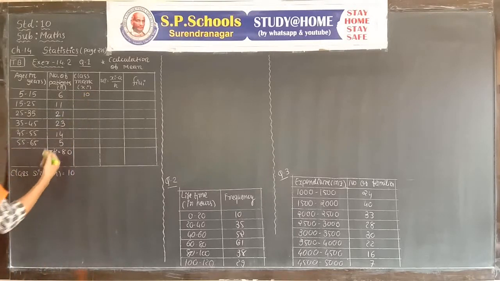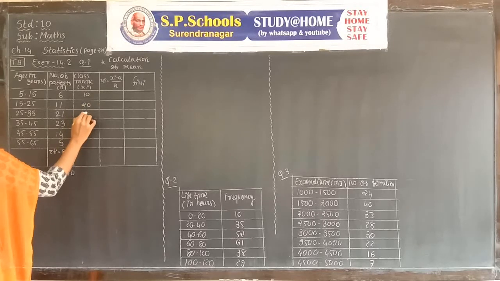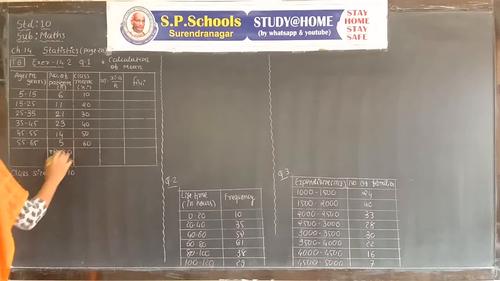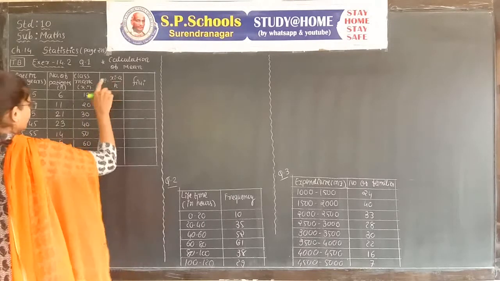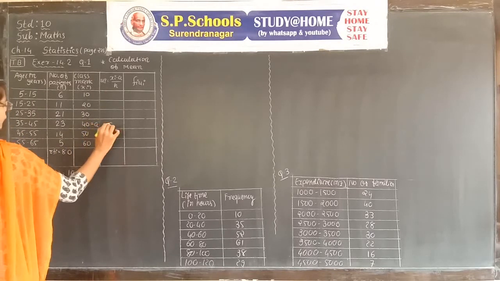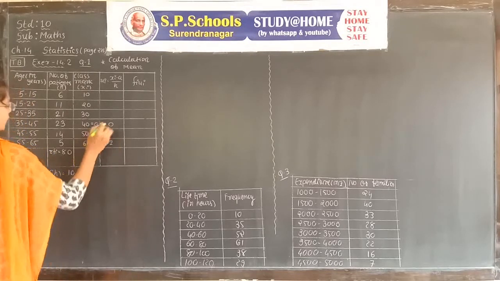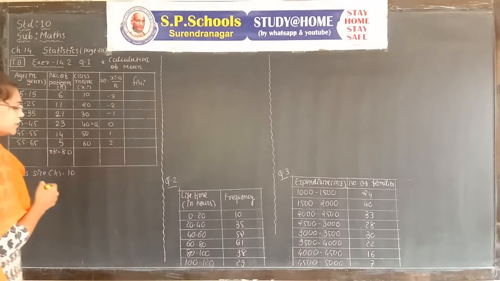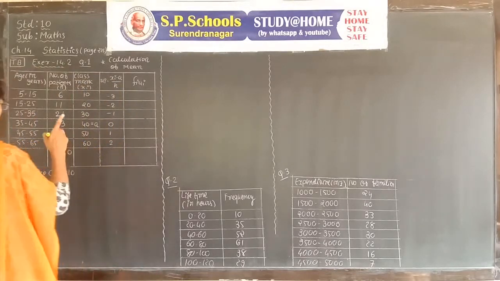Now we add 10 to consecutive class marks: 20, 30, 40, 50, 60. Now to find Ui, take A from Xi. Suppose 40 is our A. In front of A, Ui is 0. Below it 1, 2, and above it -1, -2, -3.